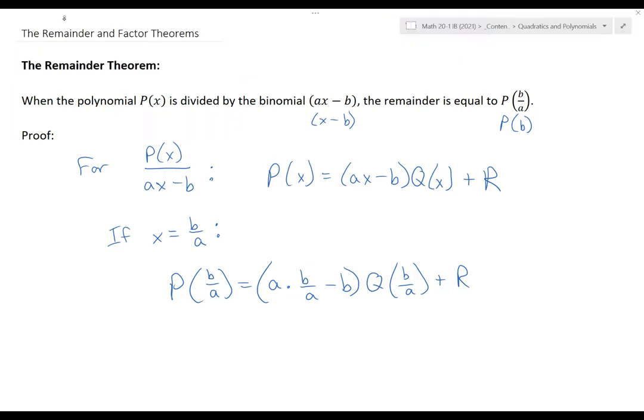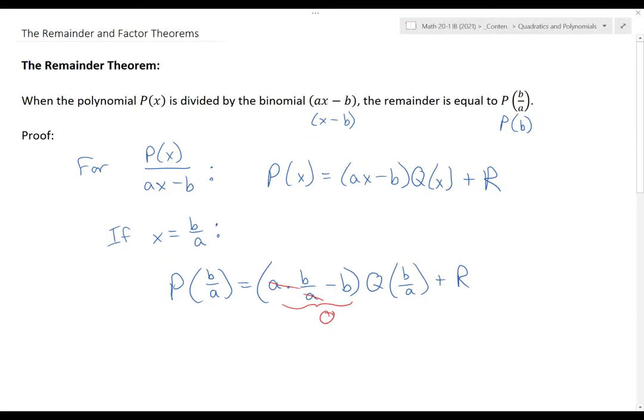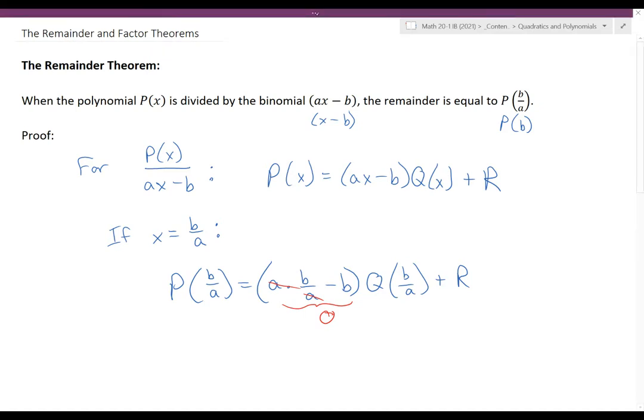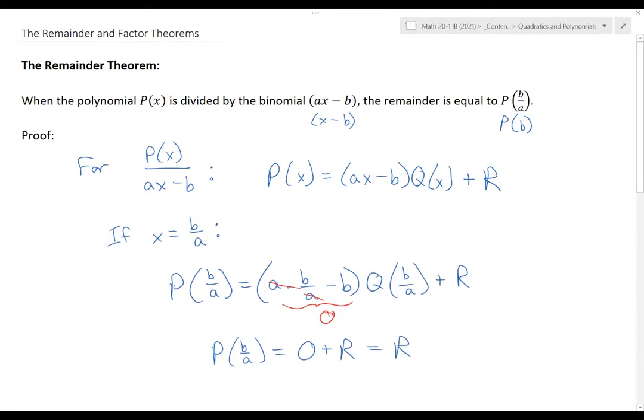But look at what happens with the divisor. a over a cancels, and I just have b minus b, which is 0. So it actually makes no difference what the quotient is. That could be anything, but as soon as I multiply it by 0, I just get 0. This means that p at b over a is equal to 0 plus r, which is just r. So if I evaluate the original polynomial at b over a, I'm going to end up with the remainder. So that's the proof of that.